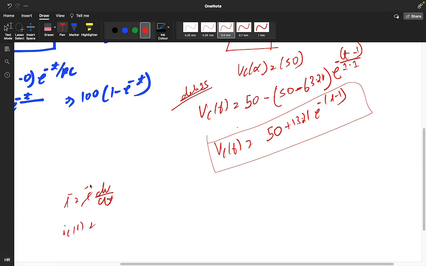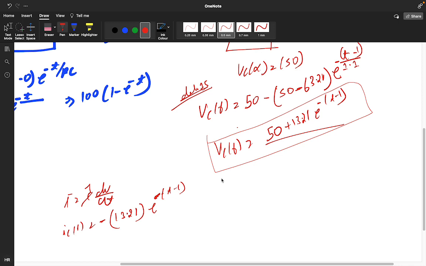The C value was 1, differentiate this, you will get 13.21 e power minus (t minus 1) only. If you differentiate, the 50 will become 0, and minus will come, so minus 13.21 e power minus (t minus 1).